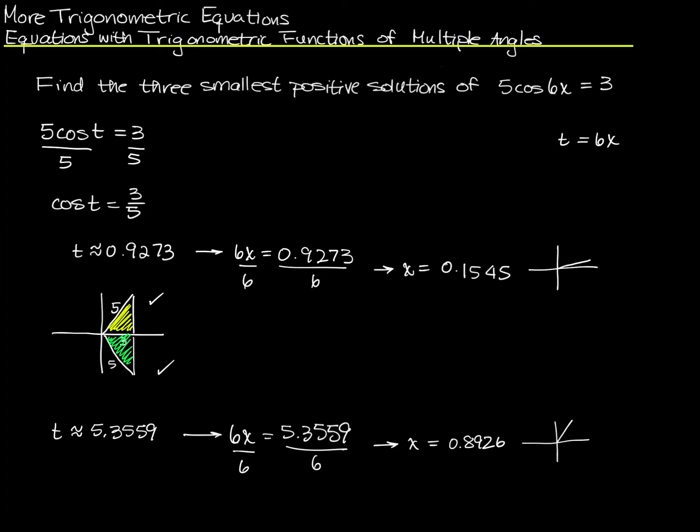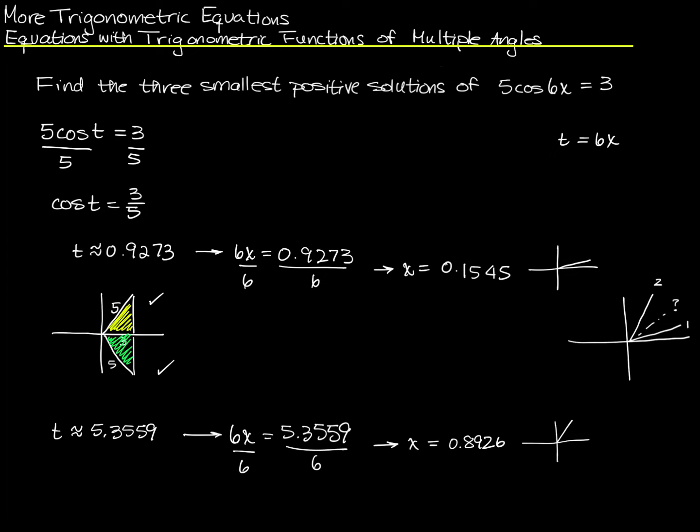But I don't know for sure that there isn't a solution in between. So let's do this. I've been asked for the 3 smallest solutions. So here's my solution 1. Here's my solution 2. And the question I have is, is there another solution in between? And that's where the pi plus 2 pi k trick, if you will, or caveat that I showed you on the previous screen comes into play.